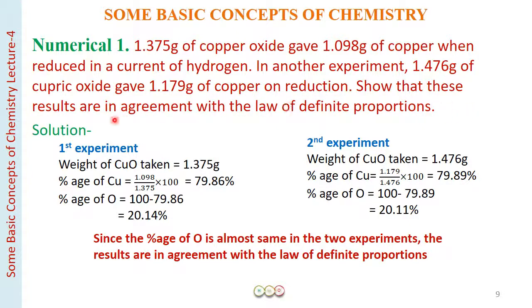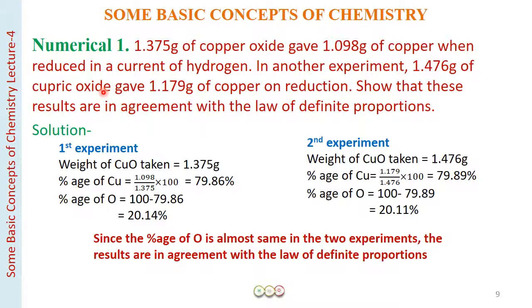Show that these results are in agreement with the law of definite proportion. Fine. So either it is given cupric oxide or copper oxide, it is basically one and the same thing, because if we have to explain the law of definite proportion, the compound is the same, right? We just have a different source of the compound.